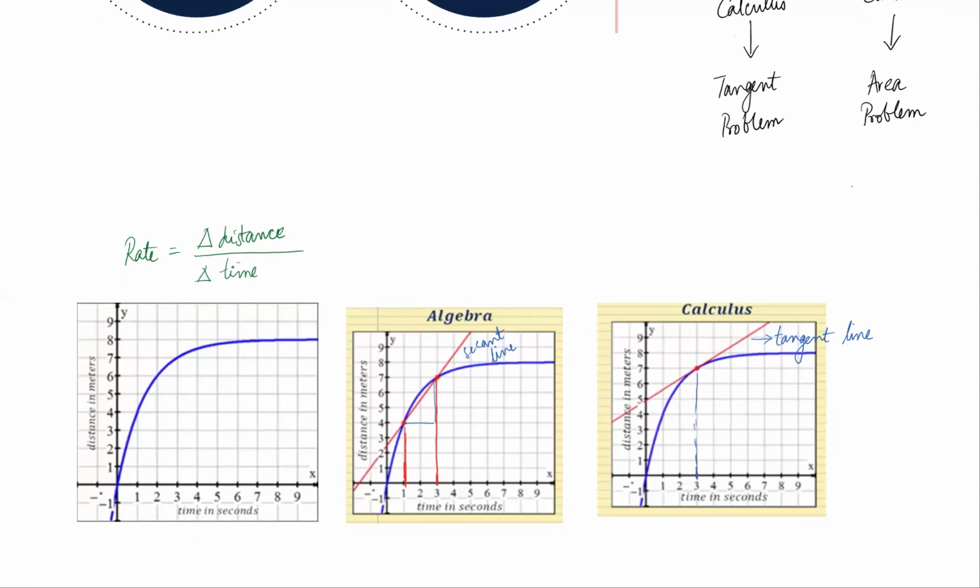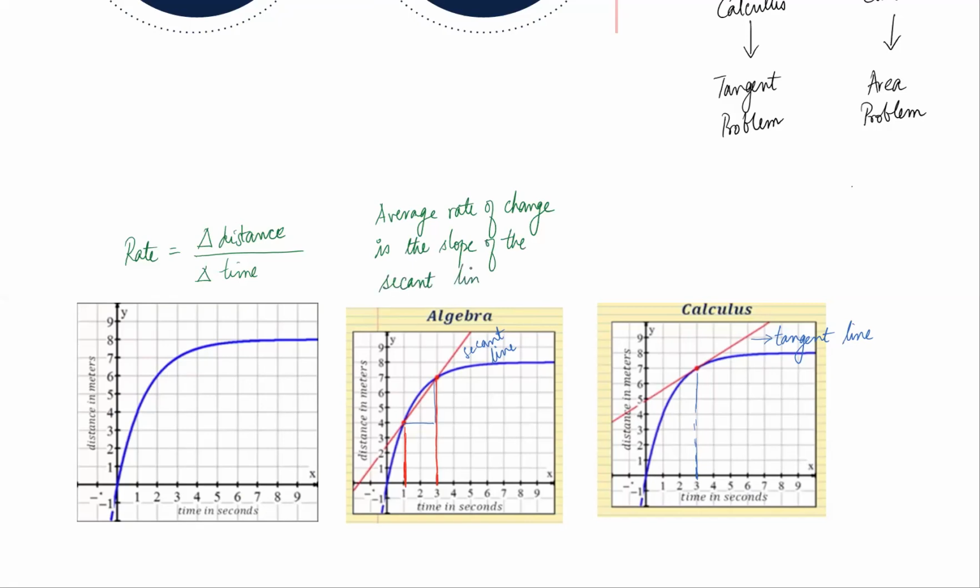Rate or speed is the distance over time, but when we talk about average rate of change, then we're talking about the difference in the distance over difference in time. So for this secant line here, average rate of change is the slope of the secant line.